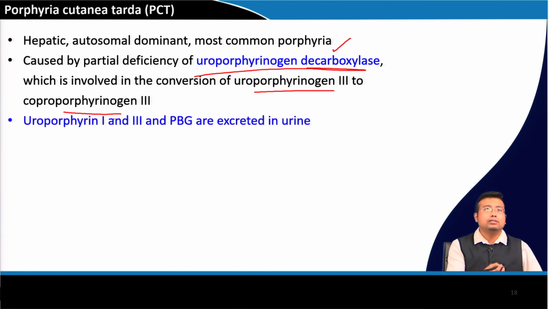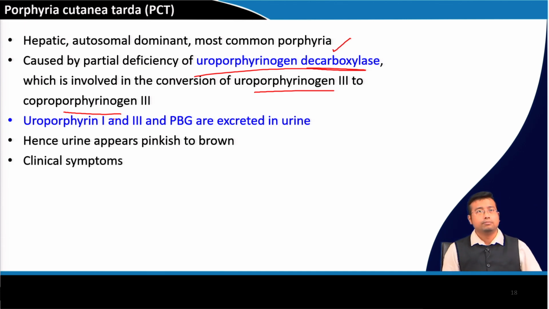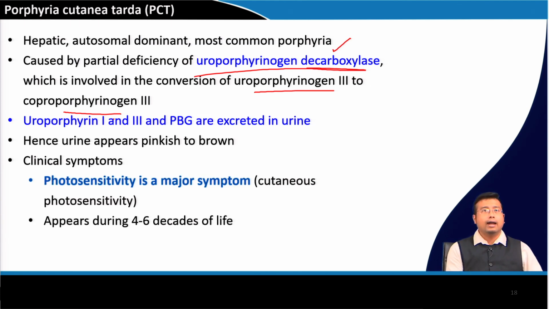Next, what happens? Uroporphyrinogen 1 and 3 and porphobilinogen are excreted in urine, that leads to production of an already dark colored urine, port wine stain, okay, and urine appears pinkish to brown. Clinical symptoms are photosensitivity, a common thing, and it appears during the 4th to 6th decades of life, so in elderly patients, 40 to 60.